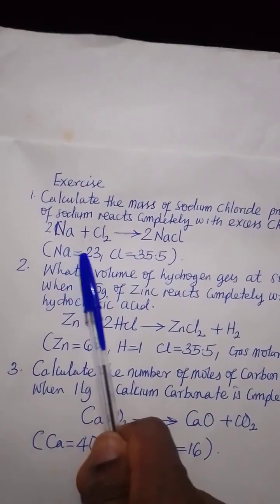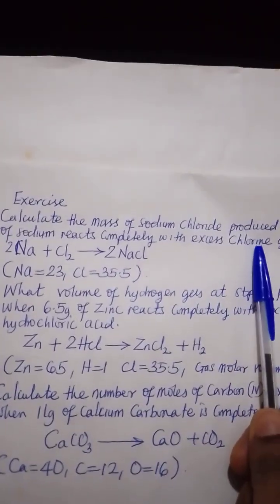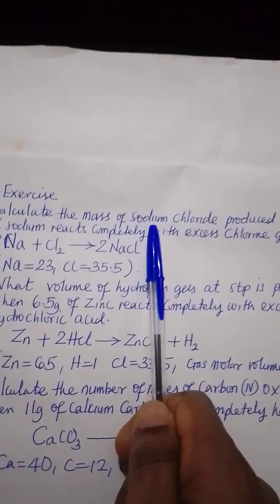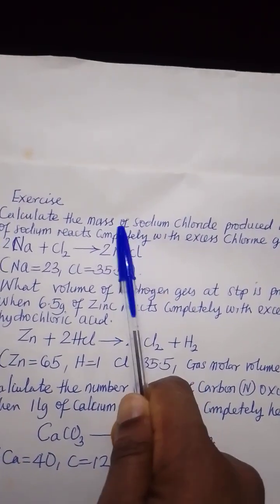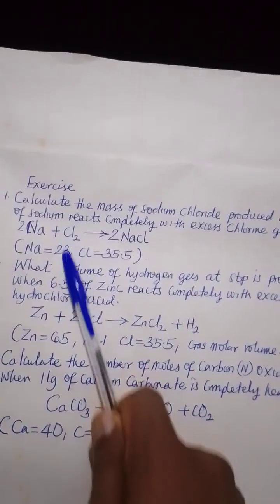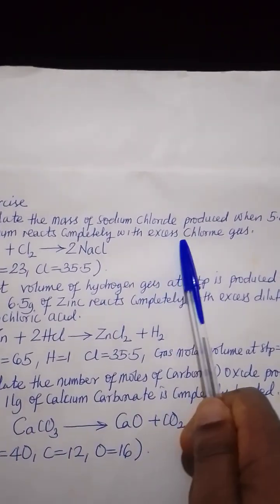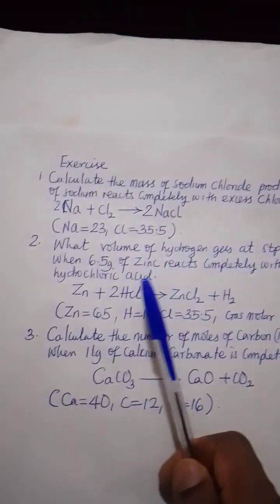Now you have the atomic masses given. Don't forget, in the question we're told that chlorine is in excess already, so it means that the limiting reactant is sodium, because the question already told us that chlorine is in excess. So just follow through.